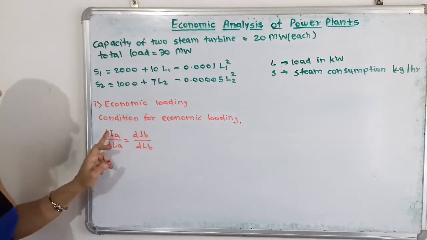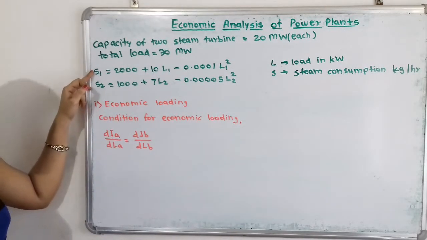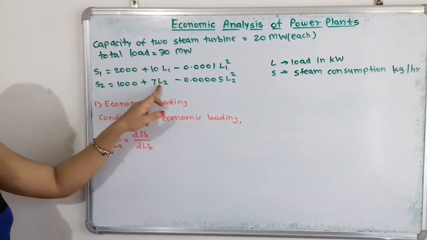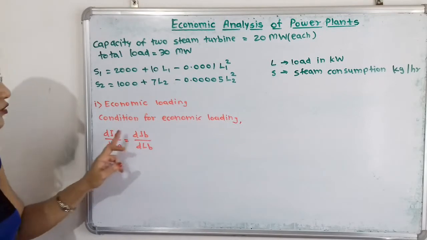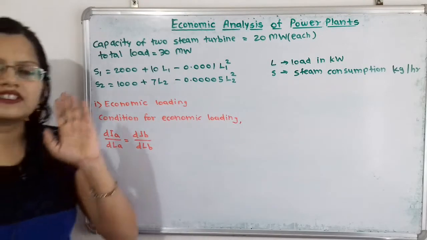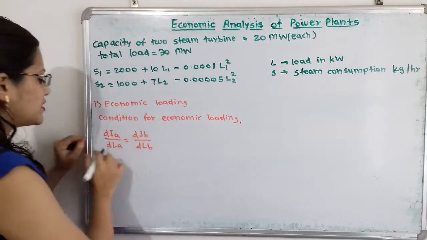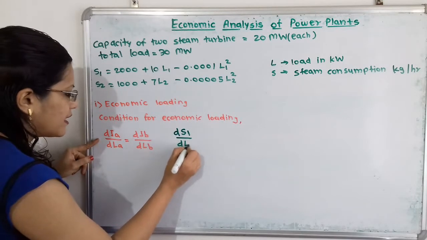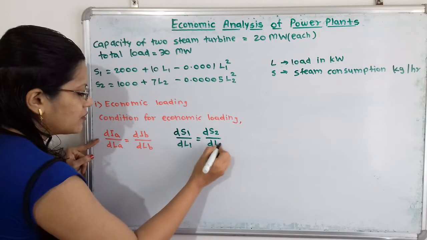But in this case, input is steam consumption, where the notation S is used and output is load L. So here the same notation is used, and for these two generating units, instead of A and B, suffix 1 and 2 is used. So we have to rewrite this condition, that is dS1 by dL1, which is equal to dS2 by dL2.